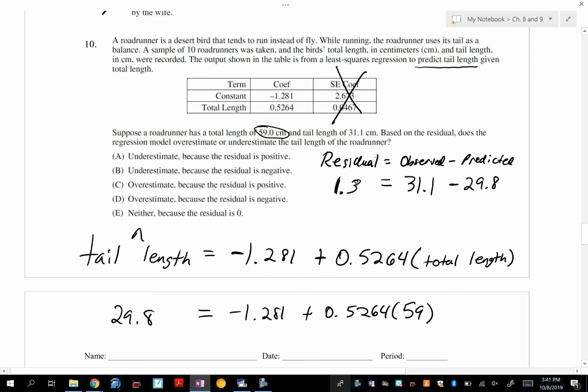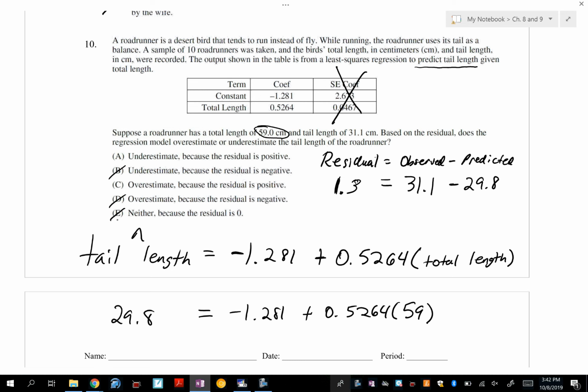That's okay. Just kidding. So, the first thing I notice is my residual is what? It's positive. So you can go ahead and cross out B and D and E because the residual is not 0. Right? Because those answers say the residual is negative or it's 0, which is not true. The residual is positive.